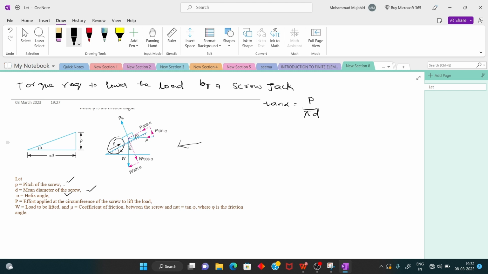First of all, resolving the forces along the plane. From this, you can write P cos alpha equal to F minus W sin alpha. The frictional force F acts along this direction, and W sin alpha acts opposite to the frictional force F. So that's why it is F minus W sin alpha.